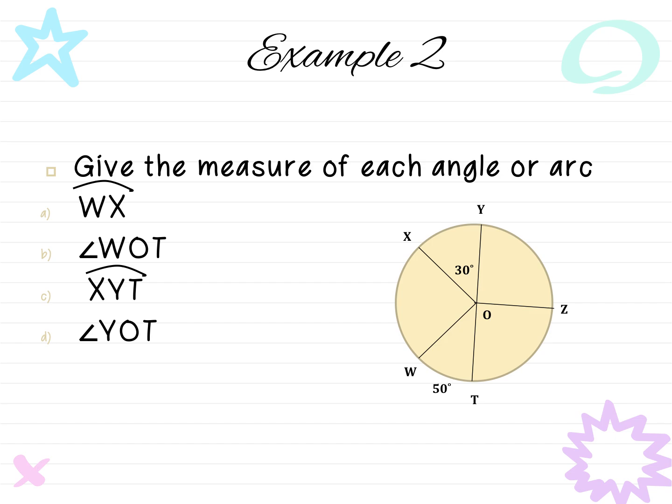All right, looking at example number 2, it says give the measure of each angle or arc. So just giving you that information, TY right here, if I drew it straight, TY is my diameter. So let's go ahead and fill this in.